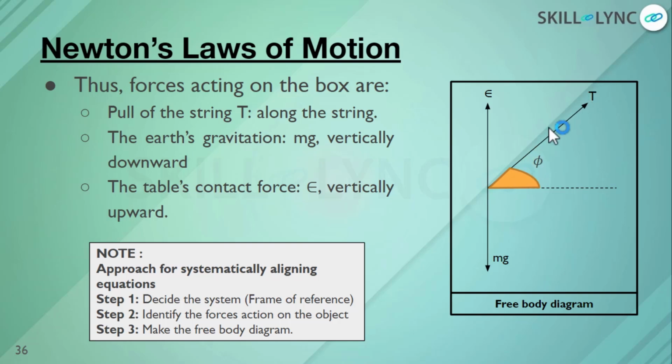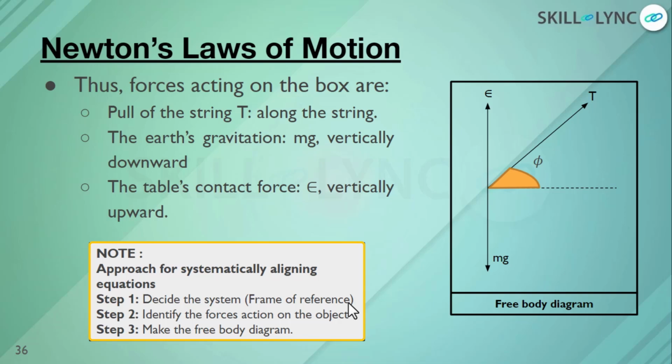Tension force at an angle phi, Earth's gravitational force with the direction downwards to the box, and the contact force of the table, E, which acts vertically upwards. To make the free body diagram, we should consider three steps. Step 1, decide the system frame of reference.